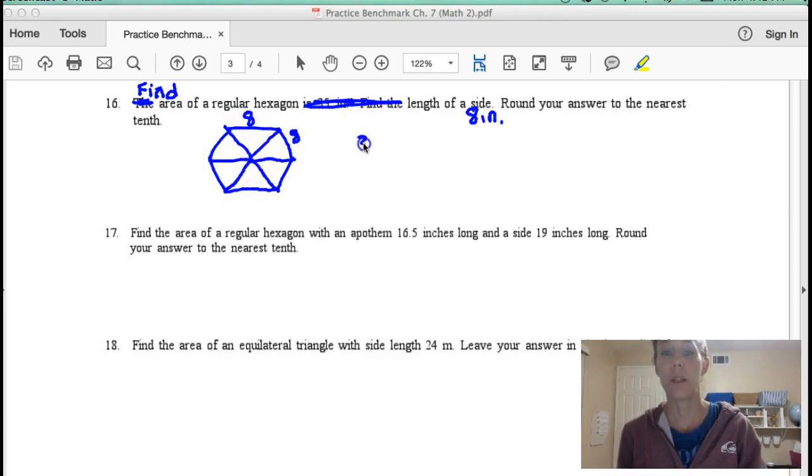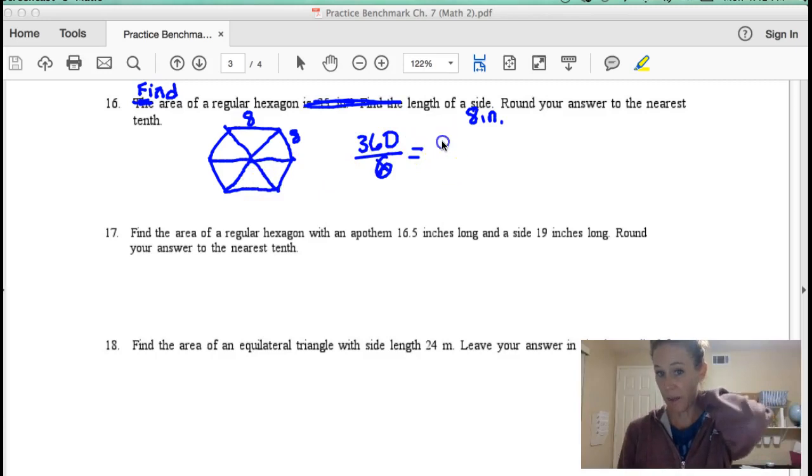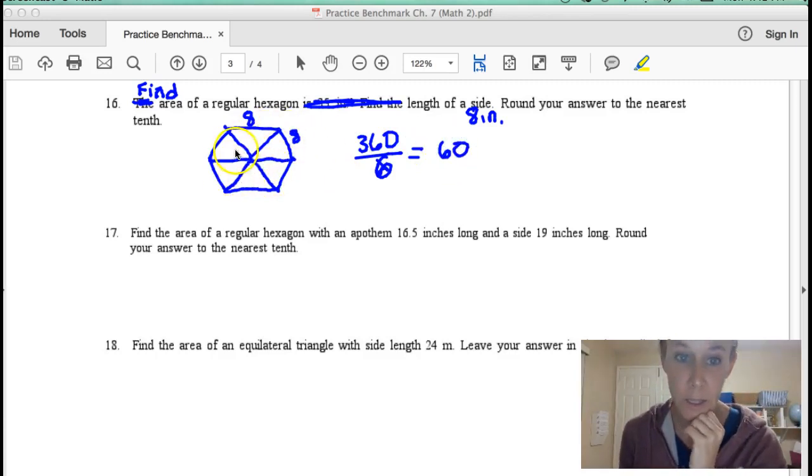We're going to go 360 and divide it by 6 because it's a hexagon, and that will tell us the measure of each of these angles. 360 divided by 6 is 60. So I know every angle is 60. These are all 60 degrees.